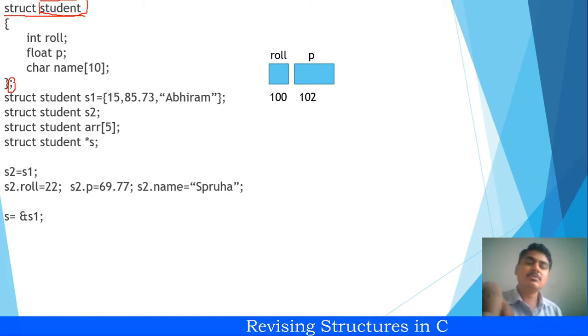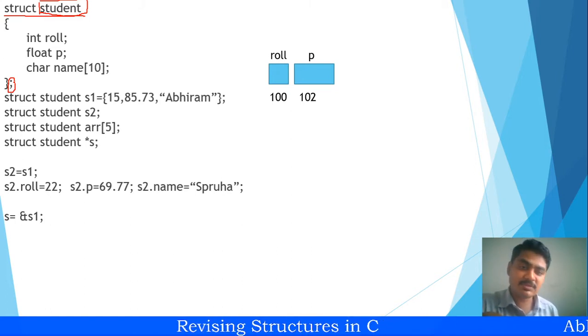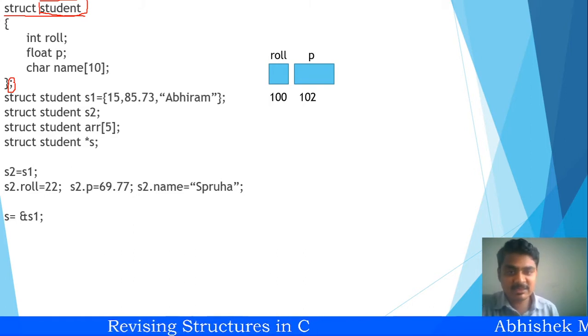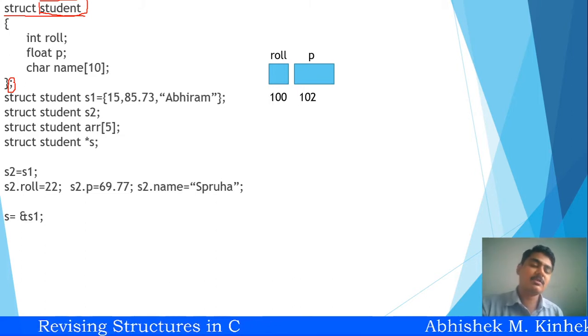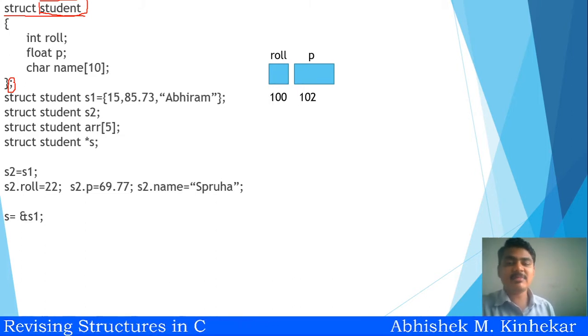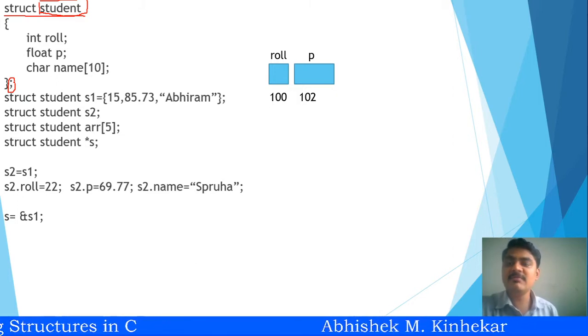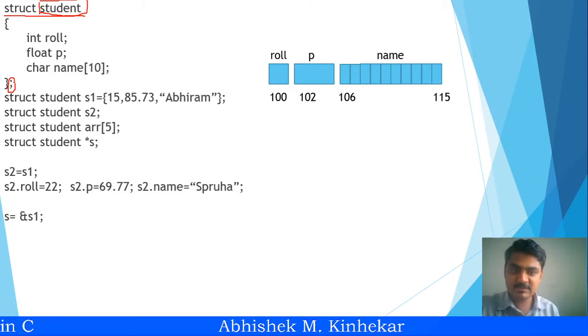Correct? So the starting address of p will be 102. That means 100 and 101, these 2 bytes will be taken by the integer. 102, 103, 104 and 105 will be taken by p, that is the floating point number. Then you will be having a memory for name. It is a character array, that means half the memory of an integer. Correct?